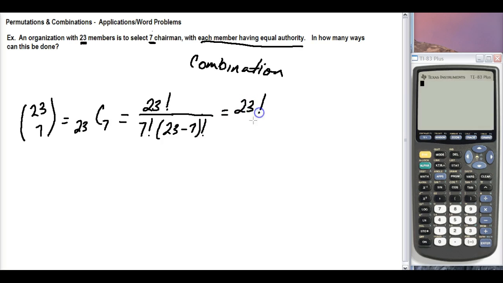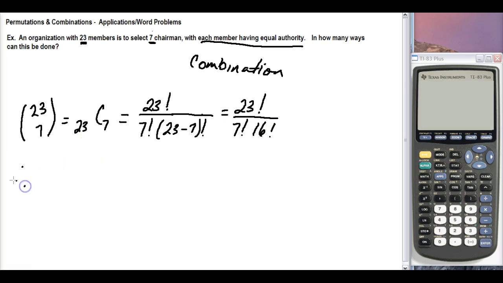So if we keep going, this is 23 factorial divided by 7 factorial times 23 minus 7, which is 16 factorial. And now, since we know that 23 factorial is larger than both of these factorials in the denominator, we're going to write down 23 factorial to get it closer to 16 factorial.